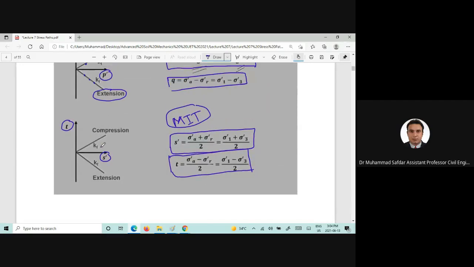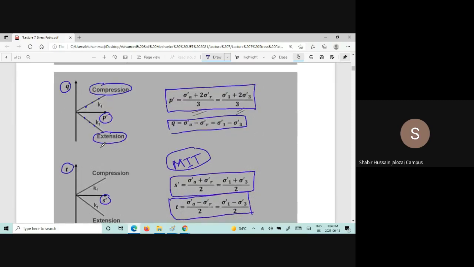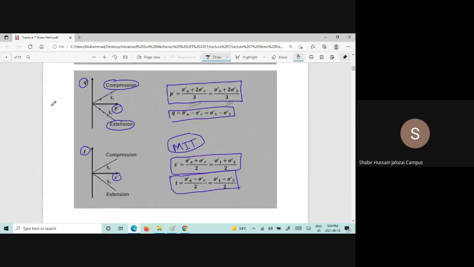Yes, please. Sorry, sir, I have missed the discussion due to internet problem, for the MIT and the Cambridge criteria which we are discussing. So, sir, in my view, I think the MIT criteria is the reduced form of the Cambridge criteria, because in this case, I think we are assuming that sigma 2 is cancelling out due to some means. Sir, am I right? Yes, that is sigma 2, which is equal to sigma 3.